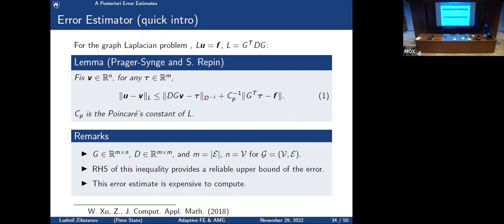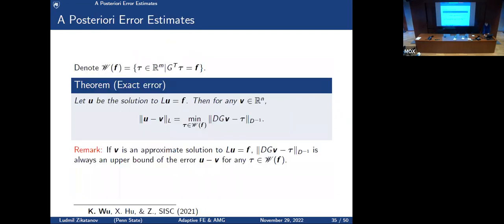And our observation was that we can actually localize this by looking at the graph's spanning trees and cycle space. This is in a paper that is already out.